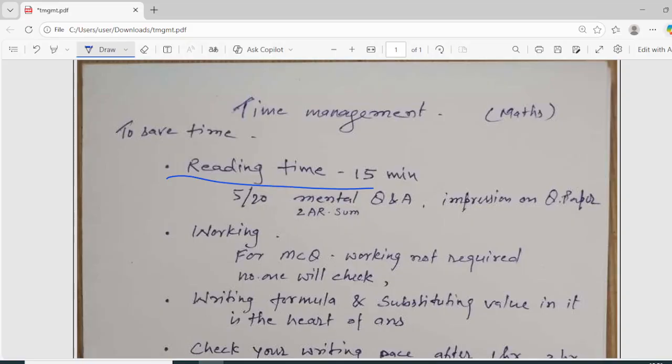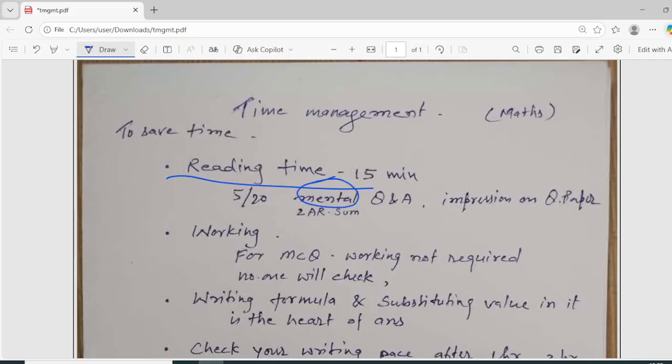In this much time, I don't think reading the whole question paper is important. Instead of that, you can solve probably 5 questions, plus or minus 1 or 2. So on average, 5 questions out of 20 from the MCQ, the questions which can be solved mentally.